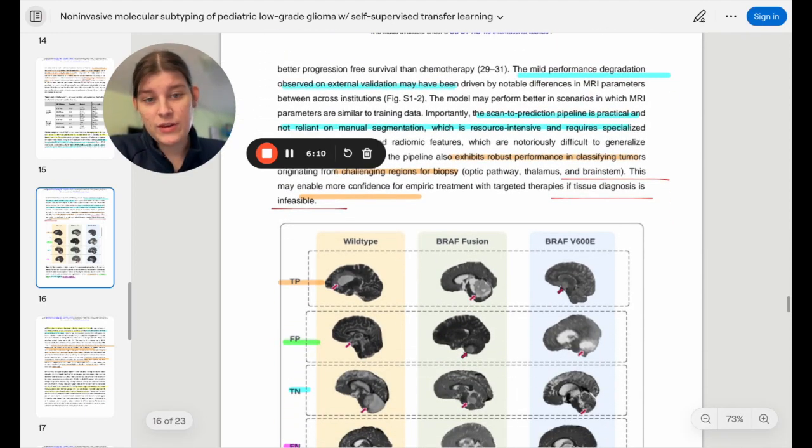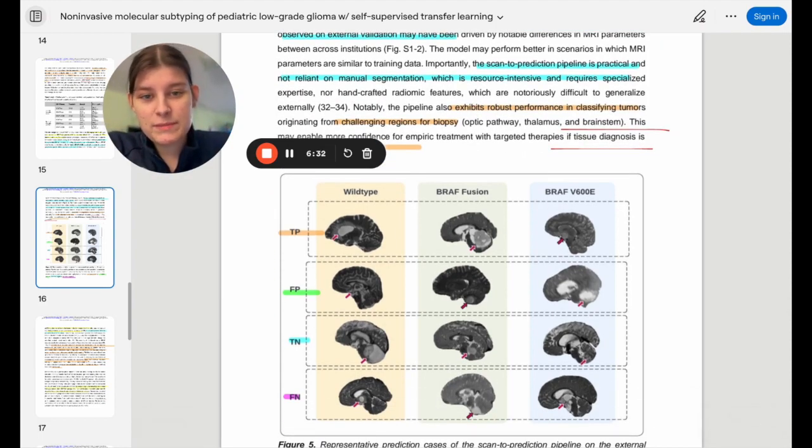The performance degradation could also be more from the lack of MRI parameters and different scenarios in data between the institutions, and maybe less of an actual lack of the data set working.